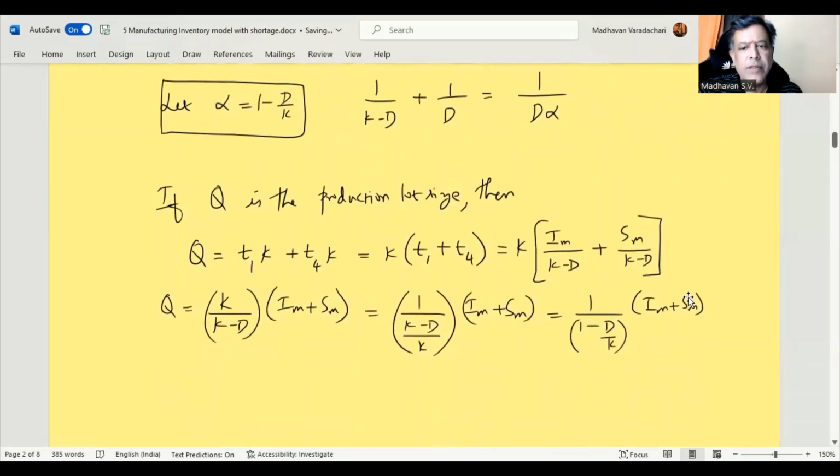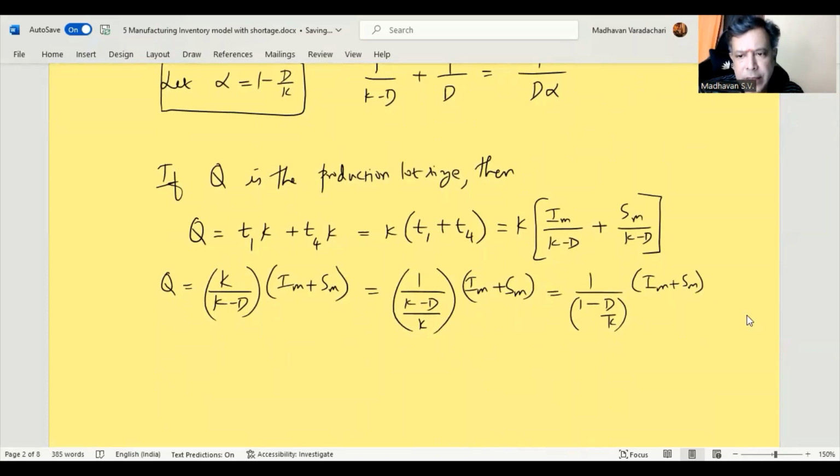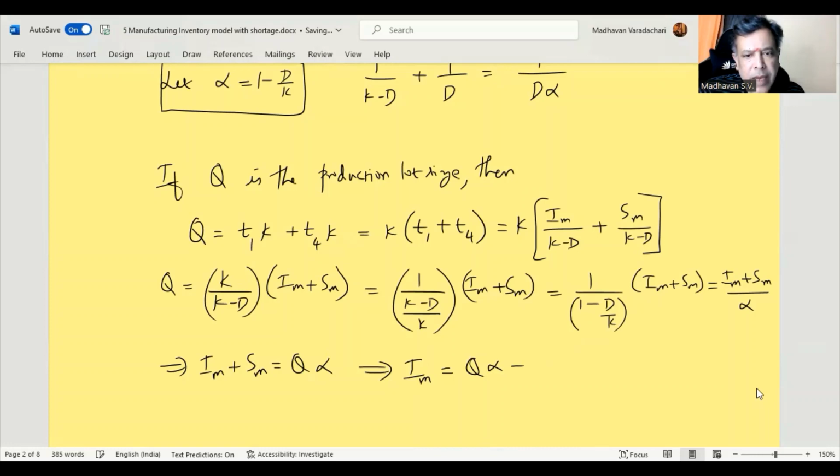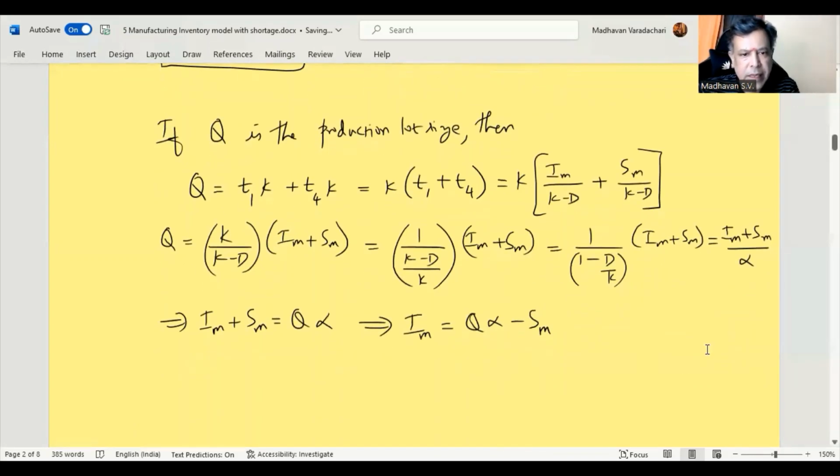So we simply wrote alpha. We can rewrite this as Im plus Sm divided by alpha. That means we can simply say Im plus Sm is Q times alpha, or we can rewrite Im as Q times alpha minus Sm.